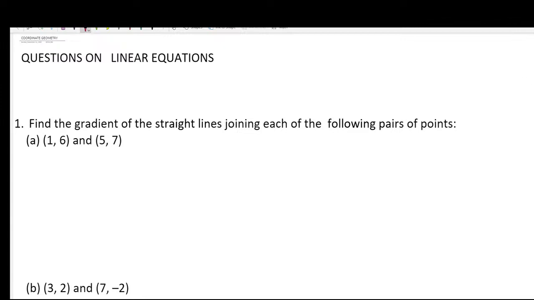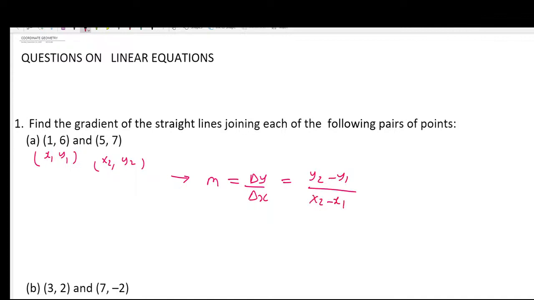You're going to assume that this is x1, y1, and this is x2, y2. From the definition of the slope, you know that the slope is the change in y over the change in x. So we'll be taking y2 minus y1 over x2 minus x1.